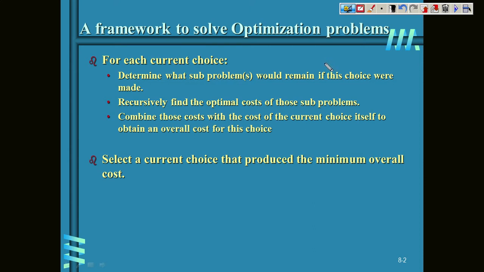For example, you may think about purchasing the most valuable thing with a given budget.